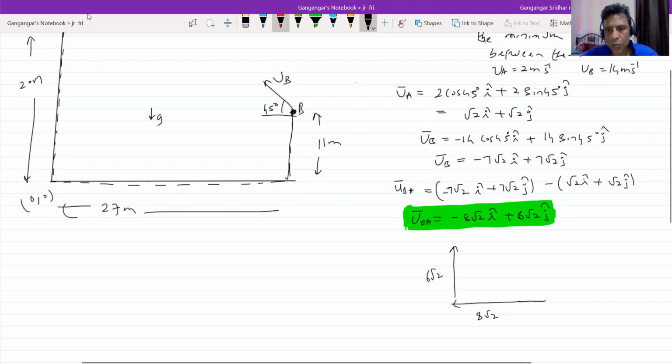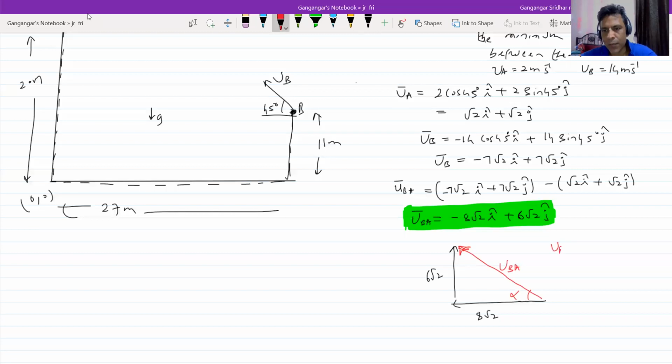So the resultant UBA vector will be in this direction. Let me call that alpha. This is UBA. And what is the UBA value? Let me calculate. 14.56. Okay.